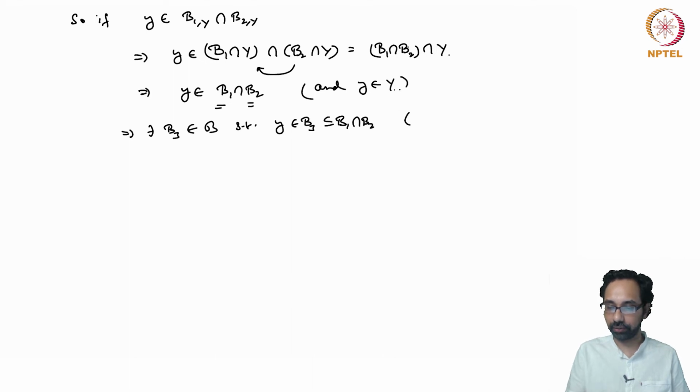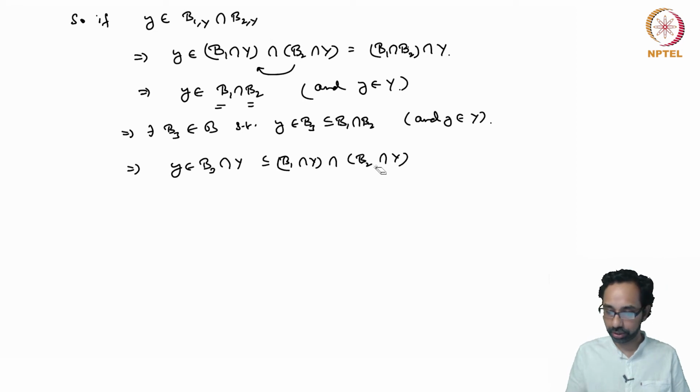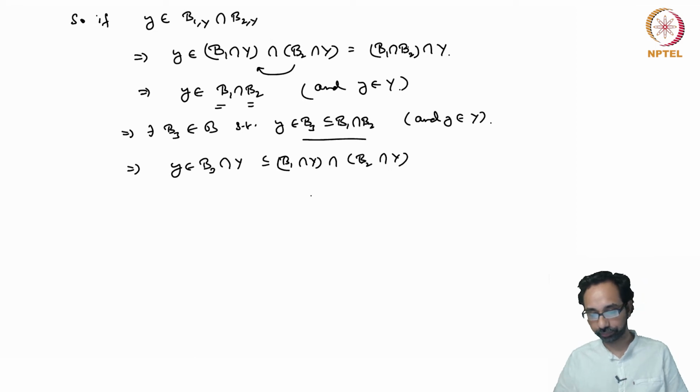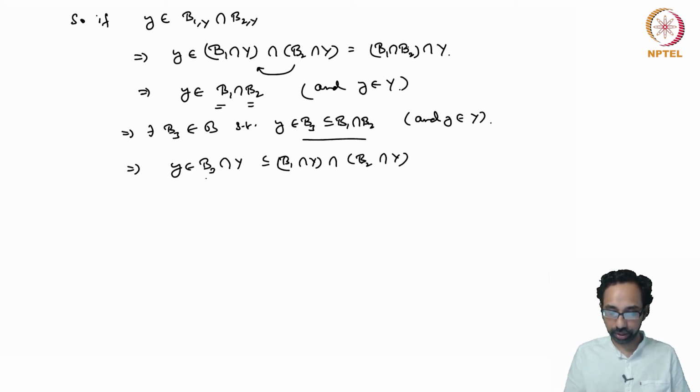Okay, and we also have y is in Y. But this means that y belongs to B3 intersection Y, and it is a subset of B1 intersection Y intersection B2 intersection Y. So we just take the intersection with Y on both sides here, and we get this. So this is our needed basis element in B_Y that we require, and so we have shown that B_Y is a basis.